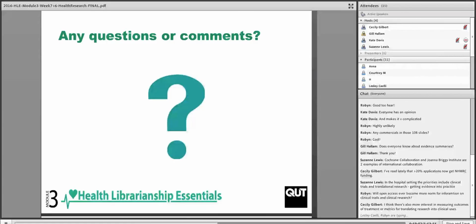Any view on that? Suzanne, what's your thought? Or Cecily? Well, I'm assuming that Robin means open access to the research publications that come out of clinical trials and other forms of research.